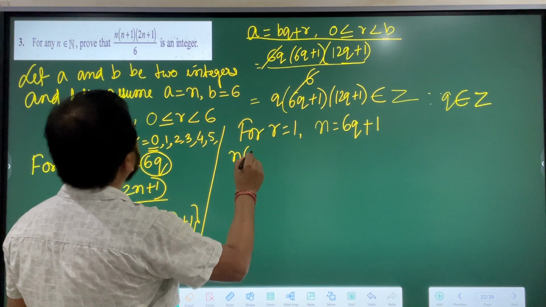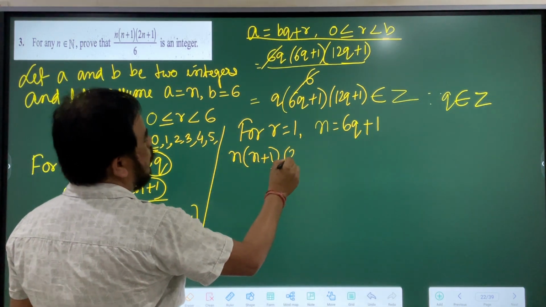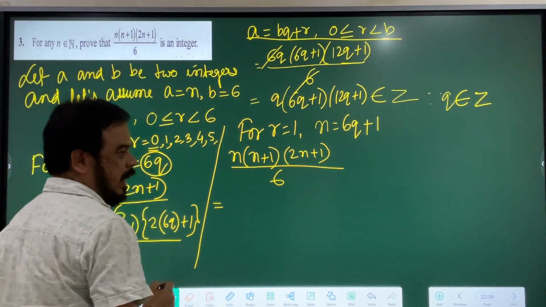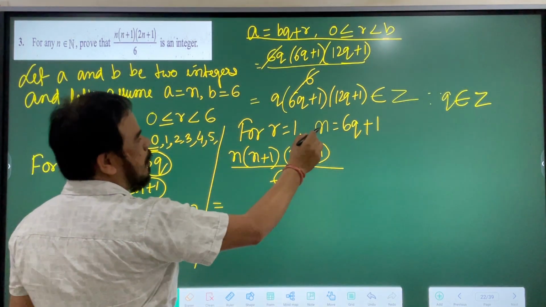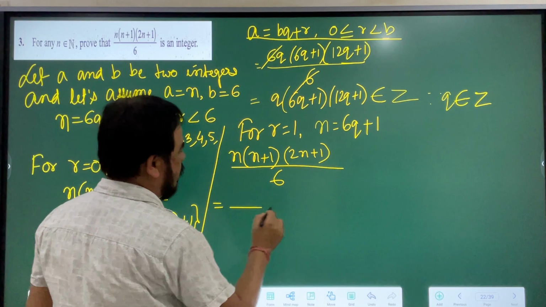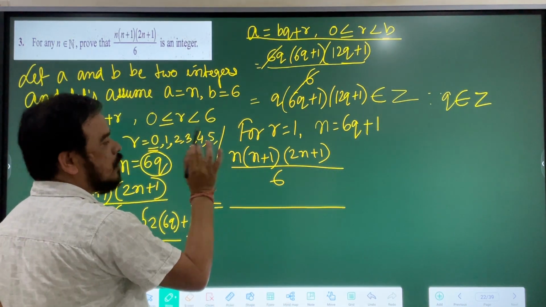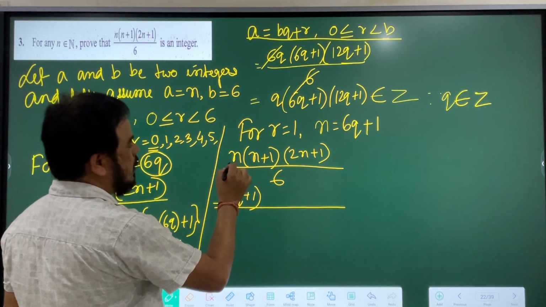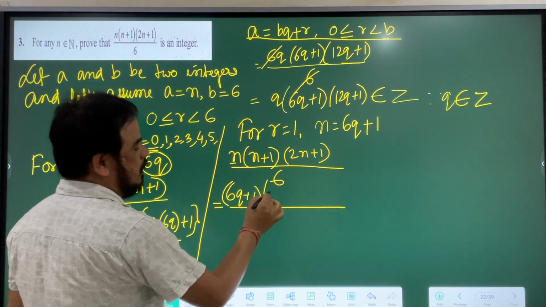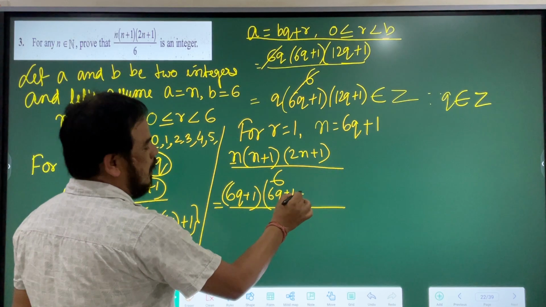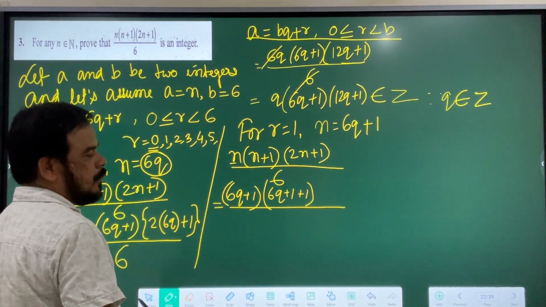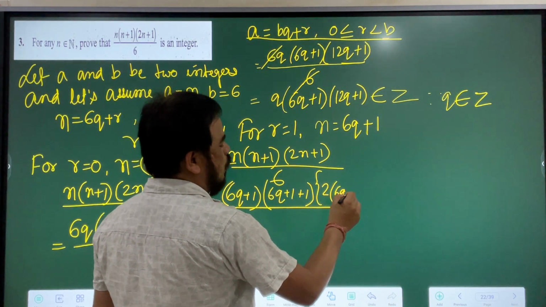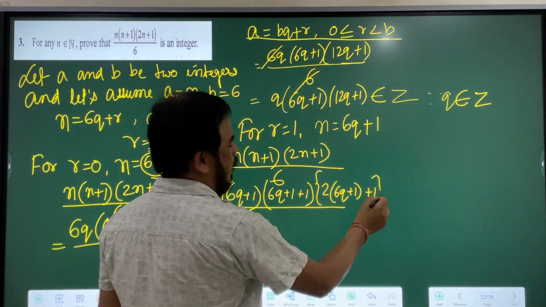So n into n plus 1 into 2n plus 1 by 6, just do the calculation correctly. In place of n, we have to put 6q plus 1. So 6q plus 1, this n is finished. Now n plus 1: 6q plus 1 plus 1. Then 2n plus 1: 2 into 6q plus 1, plus 1. I hope you understand.